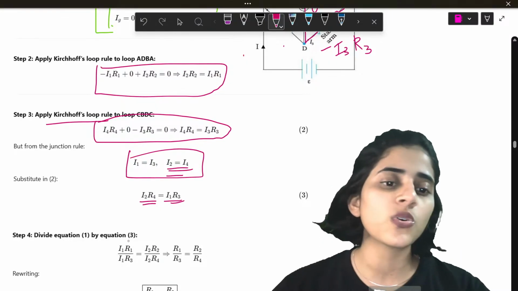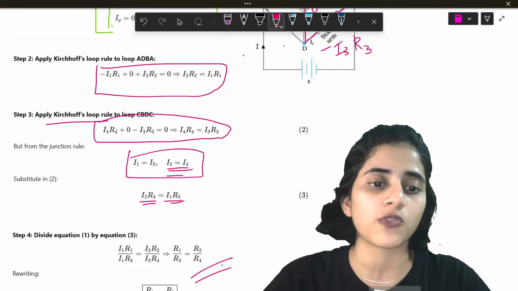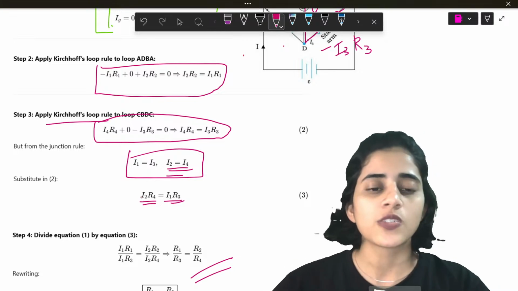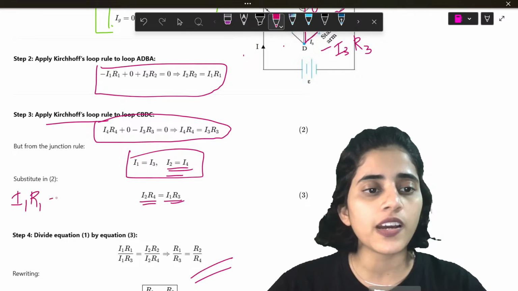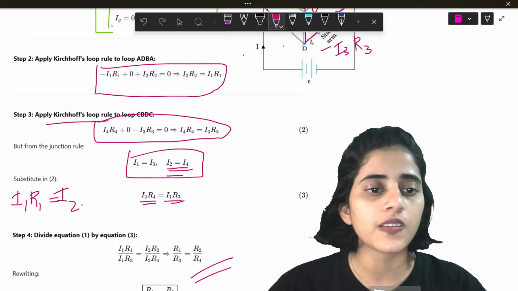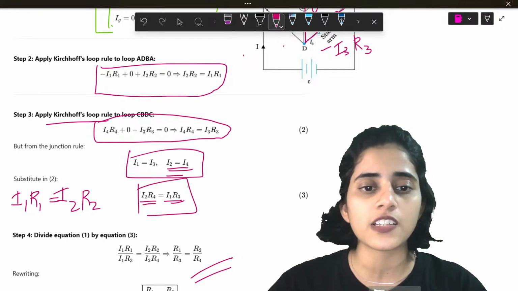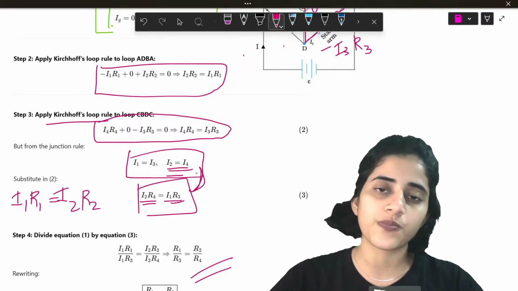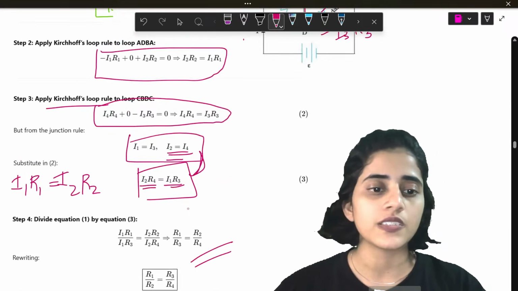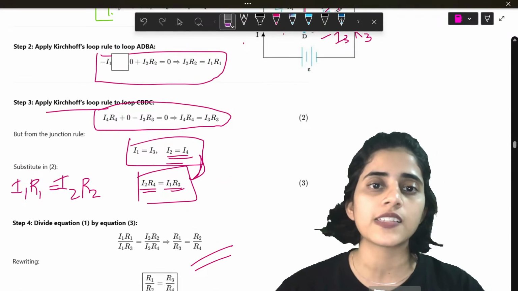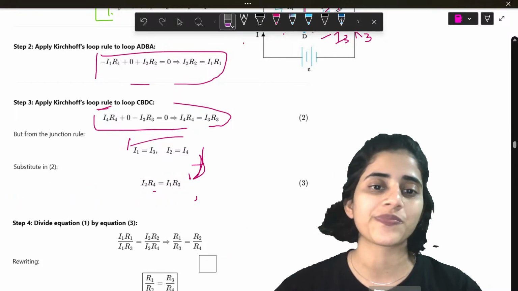Okay, and then you divide it, you will get R1 by R3 is equal to R2 by R4. This equation we already know, I1 R1 is equal to I2 R2 for balancing condition. But this equation we get just by modifying this. Yes, that is the condition for balancing. That is the balancing condition for Wheatstone's bridge.